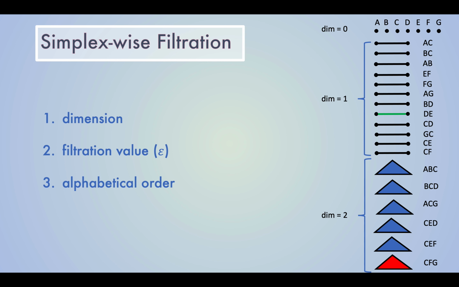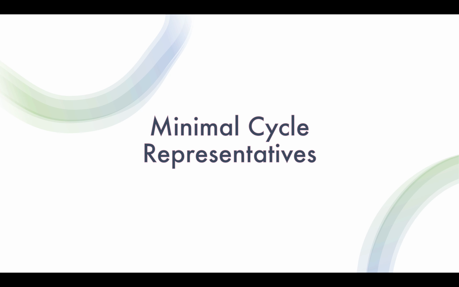Having defined what we mean by the birth edge and death triangle, now we're ready to talk about minimal cycle representatives. The general problem can be formulated as below. Imagine that we have an original cycle representative x_RH, and we want to optimize it.